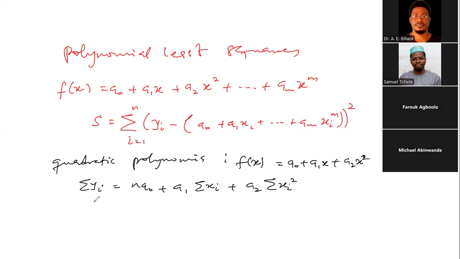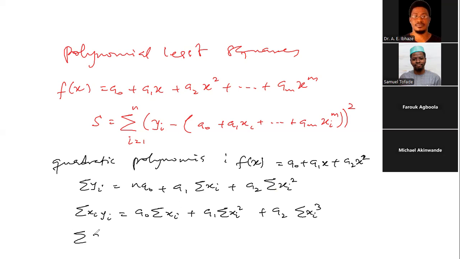It follows directly from what we did earlier. Sigma si yi will be the same as a0 sigma si plus a1 sigma si squared plus a2 sigma si cubed.